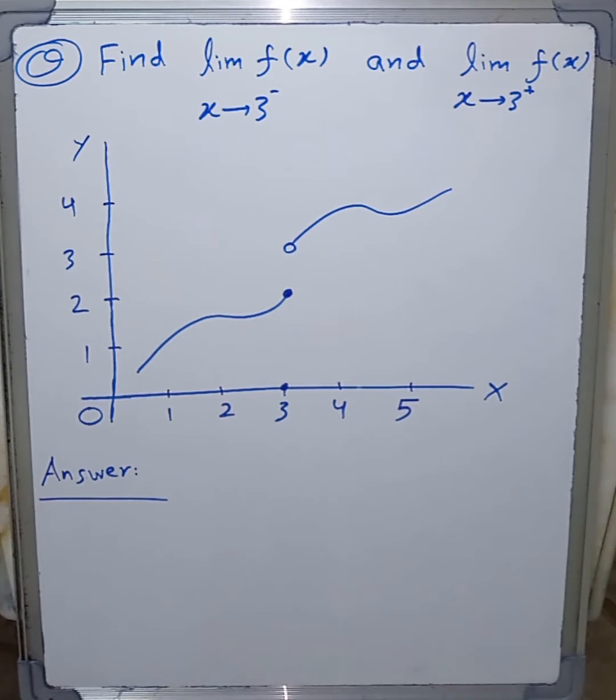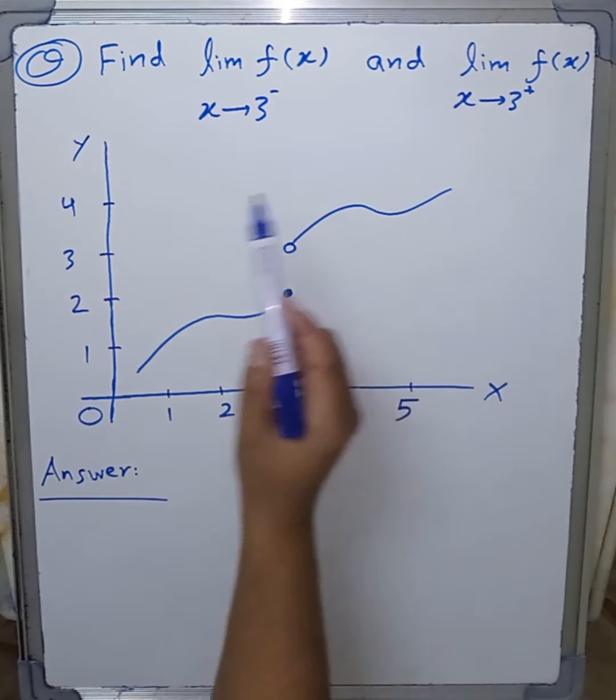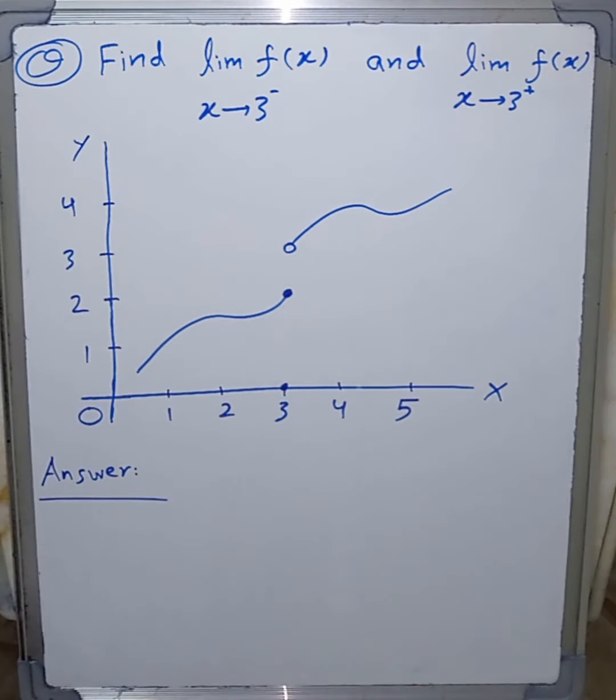And to find these left hand limit and right hand limit, we have been given a graph. Using this graph of the function f(x), we have to find the left hand limit and the right hand limit at 3.